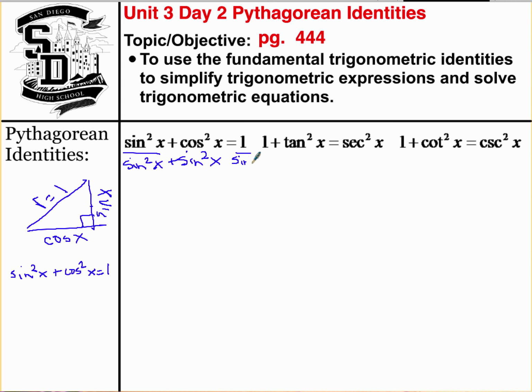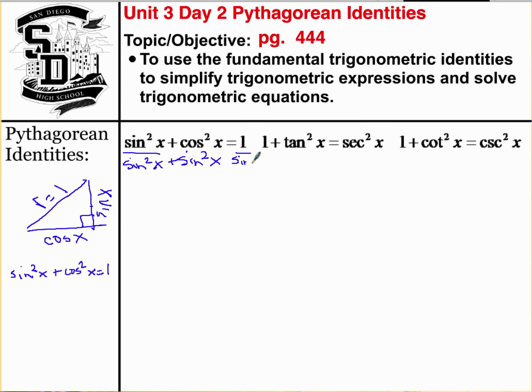So taking our original Pythagorean identity and dividing everything by sine squared gives us our third piece that involves cotangent and cosecant. Now, these are not the only way that you can write your Pythagorean identities. We can use the inverse operations and we can isolate a trig value that's squared.